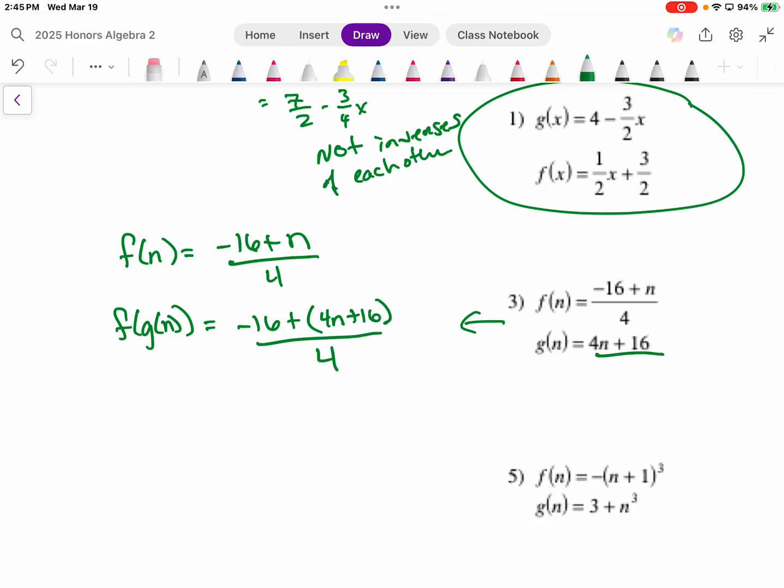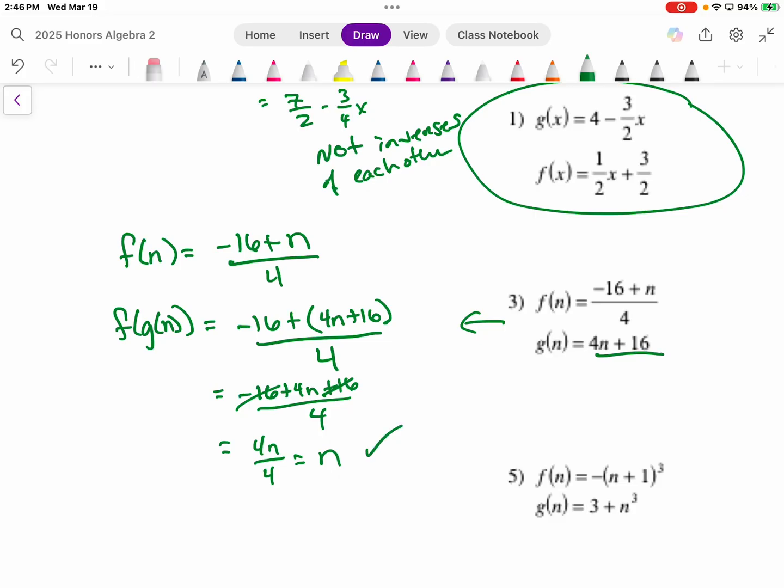So I've now substituted in the g equation for the n variable in the first equation. Now I simplify. So that's negative 16 plus 4n plus 16 over 4. The 16s cancel. I have 4n over 4. That works out to be n. That's a good thing.